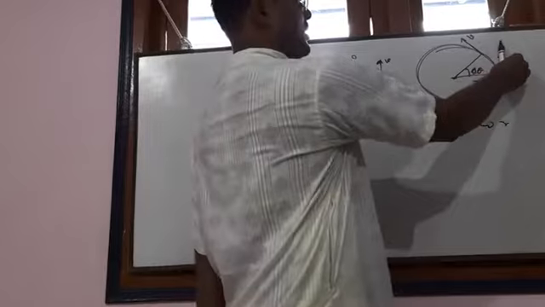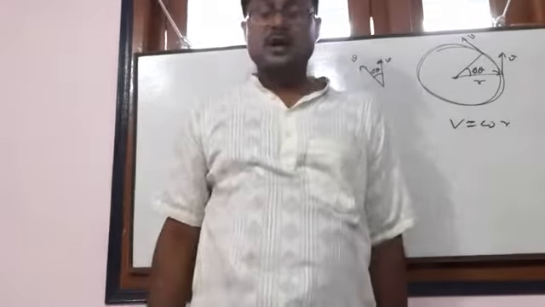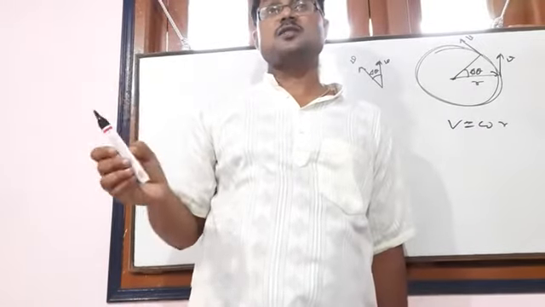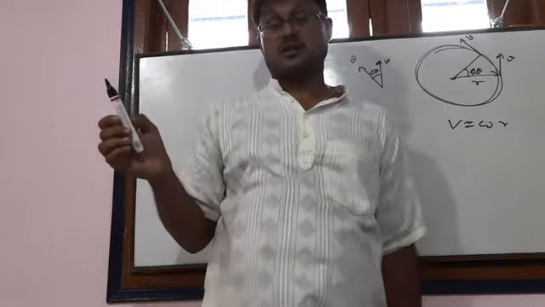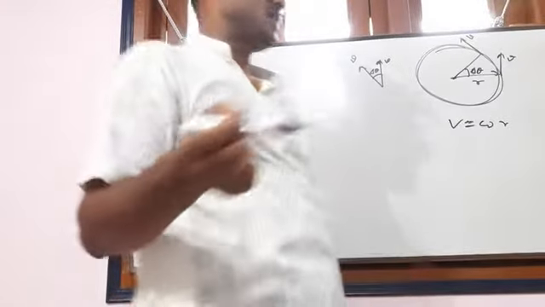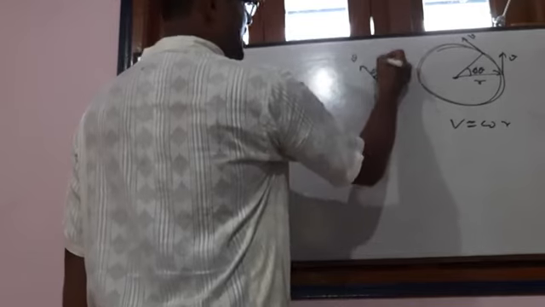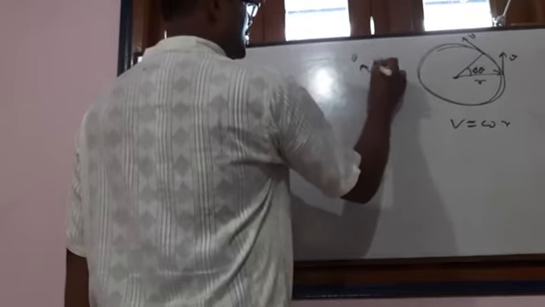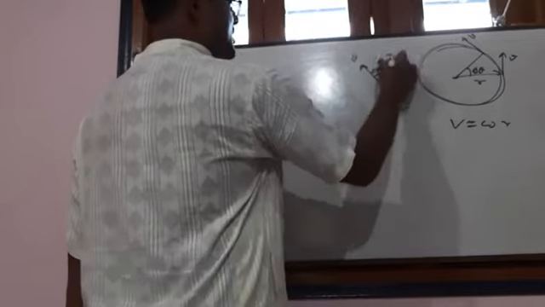So this is the initial vector. It is shifted here and it turned. Now, if we want to find out the change, what we have to do? We have to subtract the initial from the final. So this is the initial, this is the final. Final minus initial means this is minus v, this is v minus v.